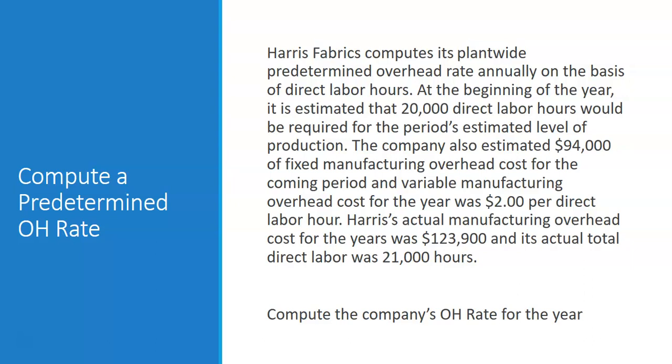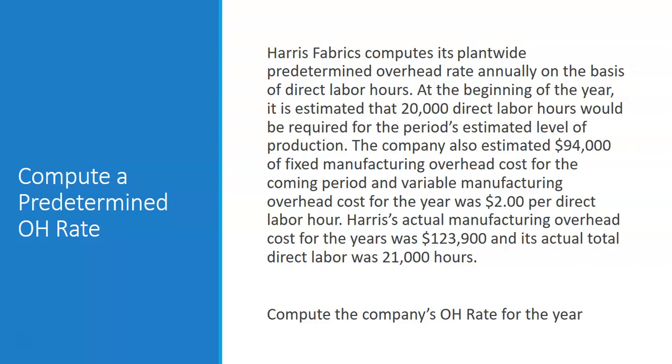So we're going to look at this example. We have a company that computes its plant-wide predetermined overhead rate annually on the basis of direct labor hours. At the beginning of the year, it is estimated that 20,000 direct labor hours are required for our estimated level of production.